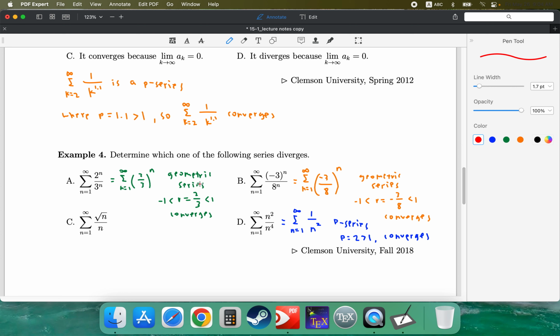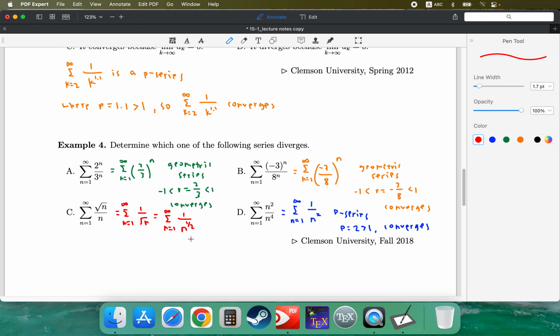Okay. Now, again, you can pause the video and try to simplify this. And you notice that this is 1 over square root of n after simplification, right? But I can write the square root of n as n to the 1/2.